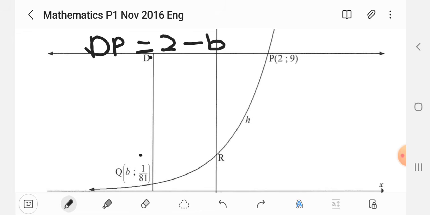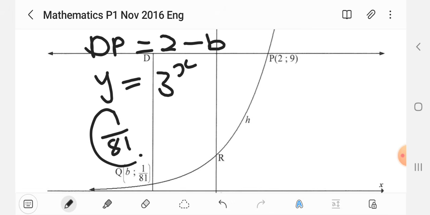So we have to calculate the value of B. B is the x value, right? So we need to look for the x value. We use what we have to calculate this. The y value is 1 over 81. So when y is 1 over 81, how much is x?